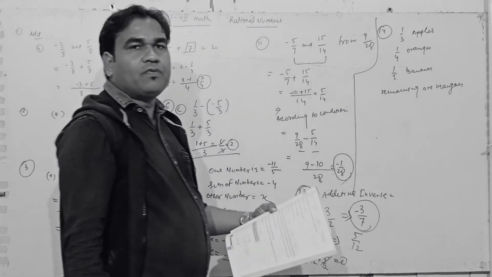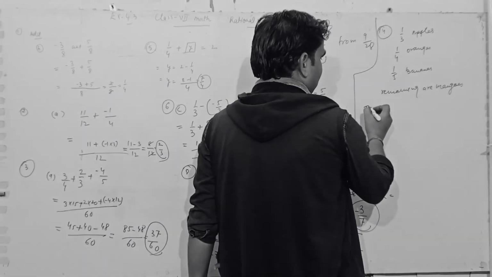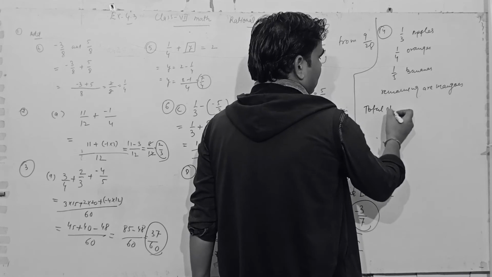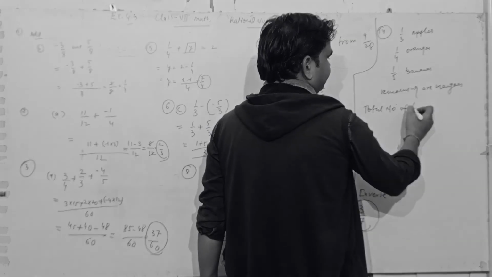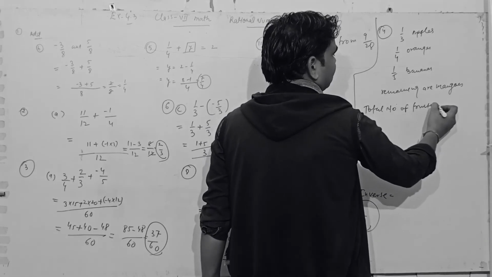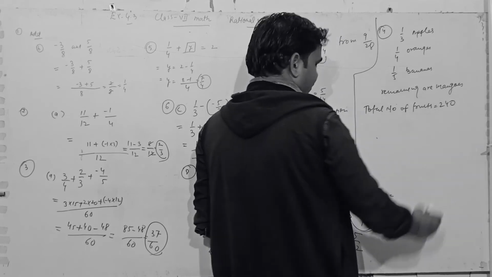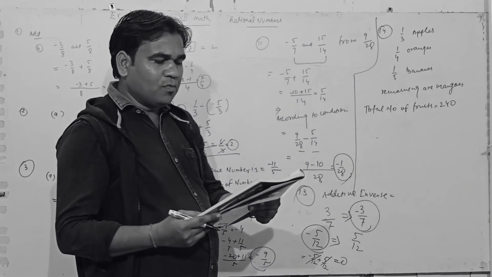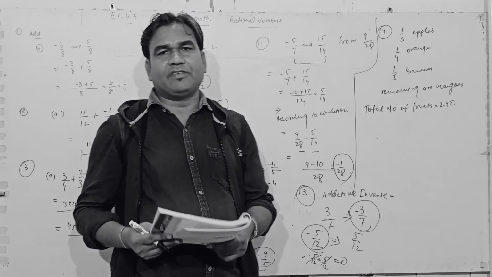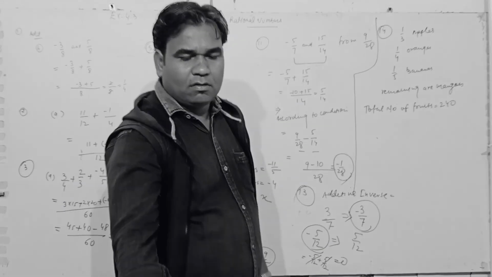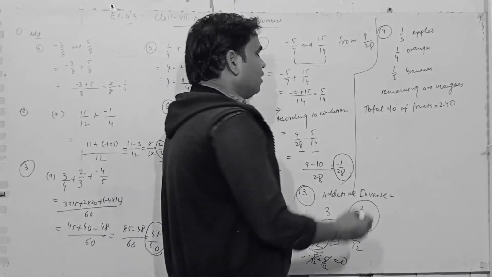And the total number of fruit is 240. So how many of each are there in the basket, is the question number 14.